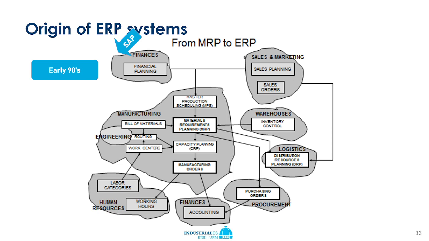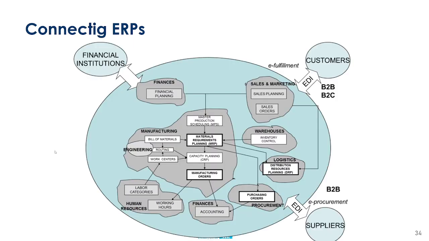So what companies like SAP, which came from the finance world, started to do is to integrate these modules into a single tool with different modules, and all of them, as I said at the very beginning of this series, were using the very same data for their own processes, sharing through that master database all the information they required, and providing other functions with additional information they were producing.